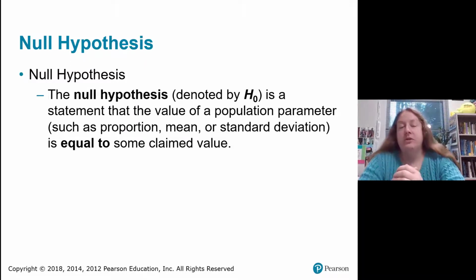When we're talking about hypotheses, we have something called a null hypothesis. The null hypothesis we write as capital H with a subscript 0. This is a statement that the value of a population parameter is equal to some claimed value.